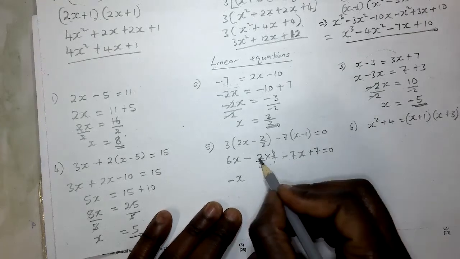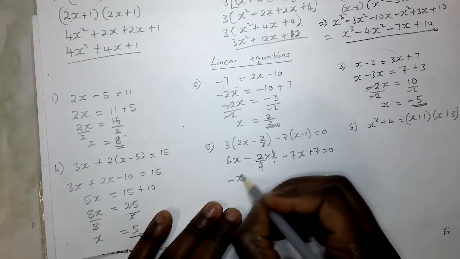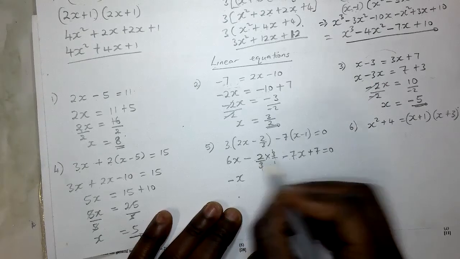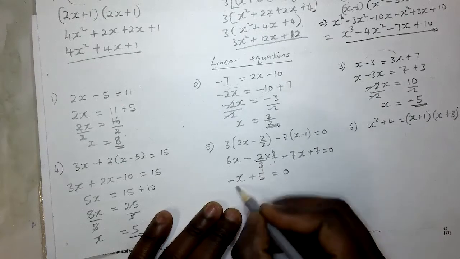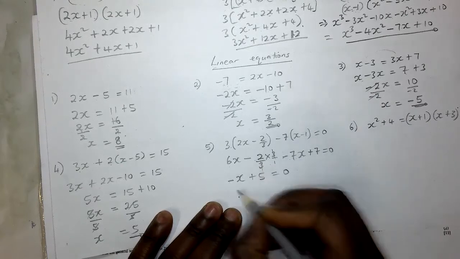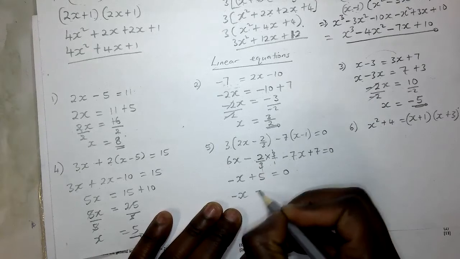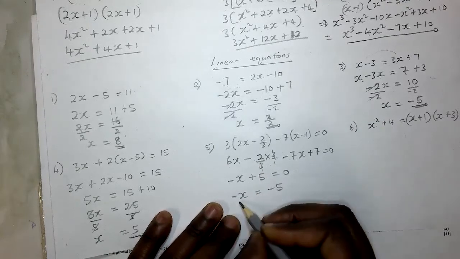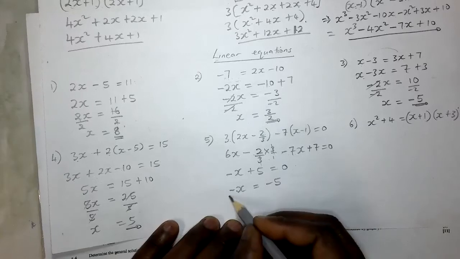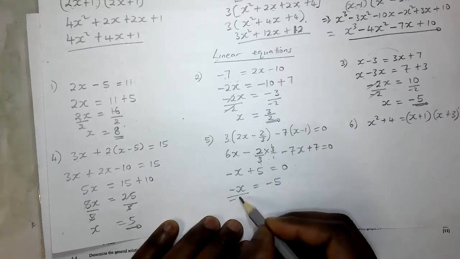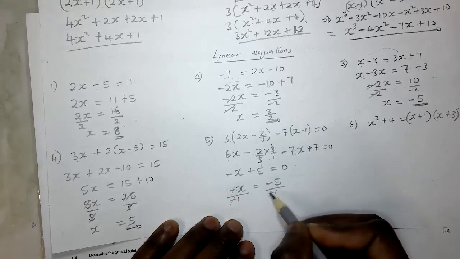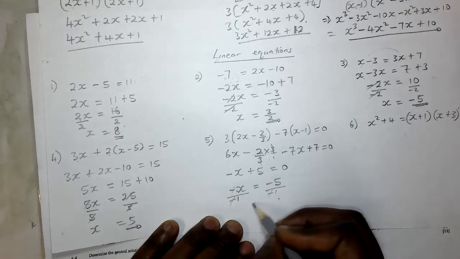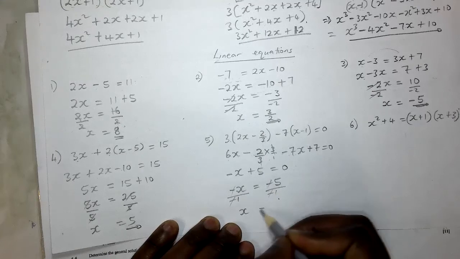Minus 2 plus 7 is going to be plus 5 is equal to 0. Then you shift the 5 that side, negative x is equal to negative 5. What do you do now? You divide by negative 1 throughout. Negative cancels here, then x is equal to 5.